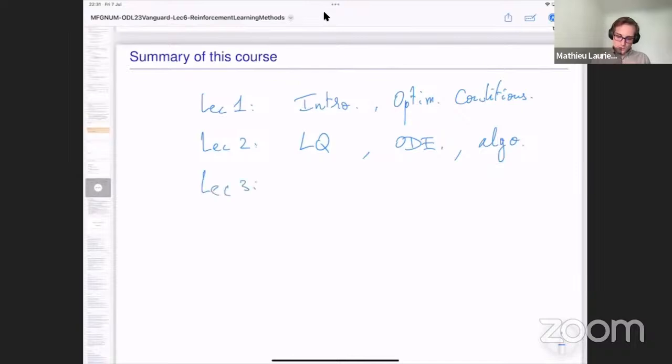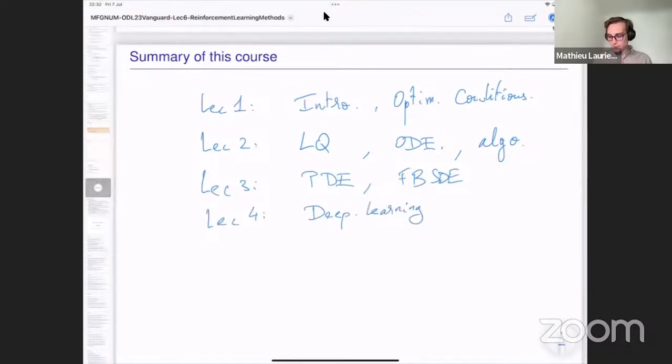Lecture 3 was about the PDE system and how to use finite differences or semi-Lagrangian schemes, as well as the forward-backward SDE system. So I described 2 methods for each of them. One of the issues of these methods is that they don't work very well in high dimension. So then we moved on to deep learning.